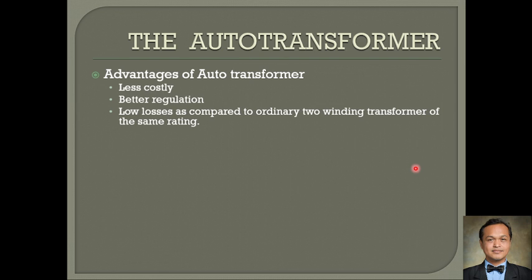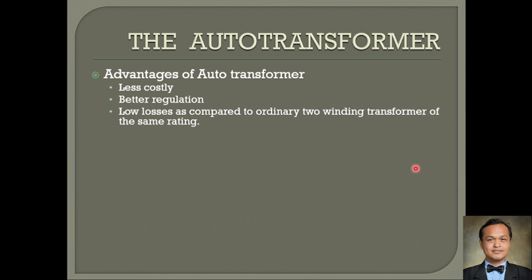Another advantage of an auto transformer is low losses as compared to an ordinary two winding transformer of the same rating. It has low losses because of the magnetization loss.